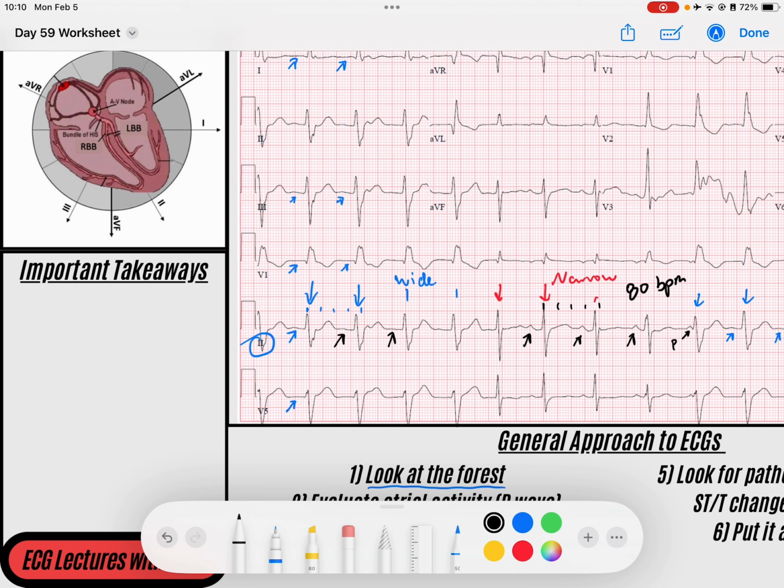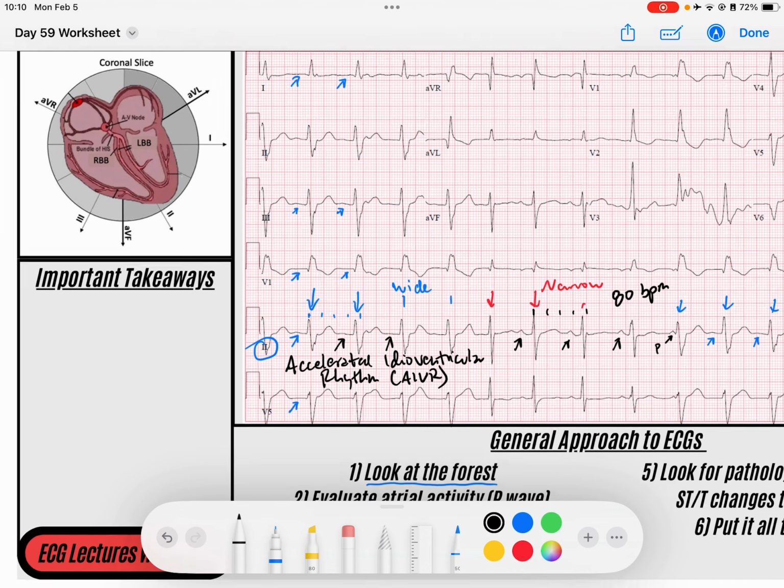And so that is an accelerated idioventricular rhythm, or AIVR.